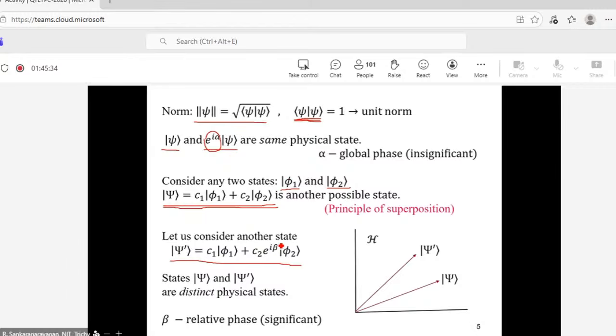That is because the phase factor sits at only one of the terms. Unlike the earlier case, where e power i alpha multiplies the whole state psi, here e power i beta multiplies only one of the terms in psi prime. So psi and psi prime are distinct physical states, and this phase factor beta is sometimes called a relative phase factor, which cannot be ignored in your calculation.